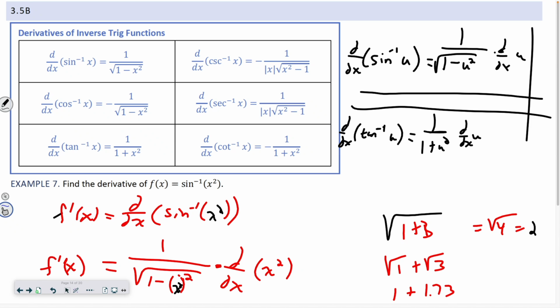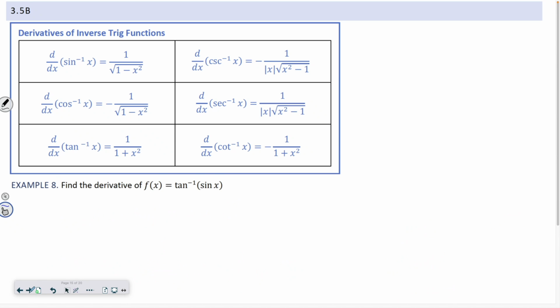But nonetheless, gentlemen, can you use that idea here? I'm going to write it in again.